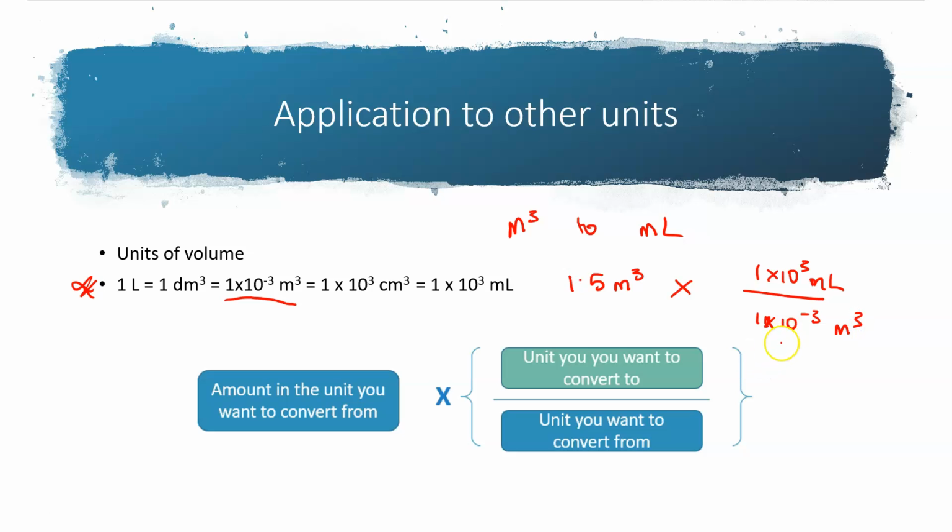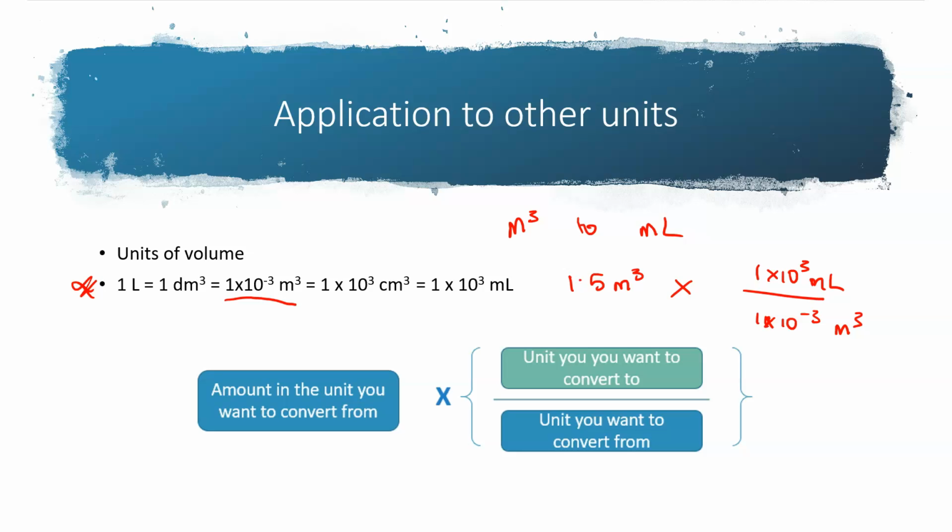So now what we will do here is the same as we did before. So we're going to take 1 times 10 to the 3 and divide by our conversion factor on the bottom, which is our 1 times 10 to the negative 3. That gives us our conversion factor.